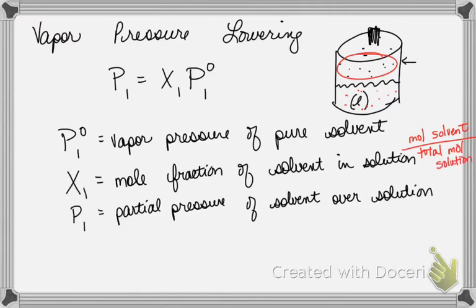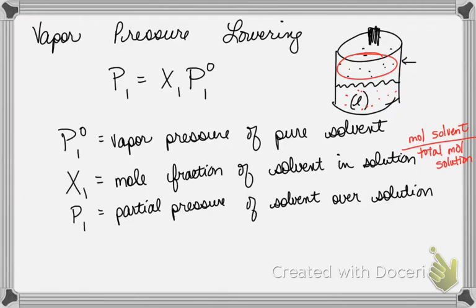Remember, solute plus solvent equals the solution. So you take the moles of the solvent and divide it by the moles of the solute plus the solvent. That would be the total moles of the solution.